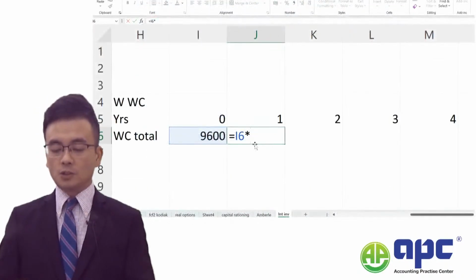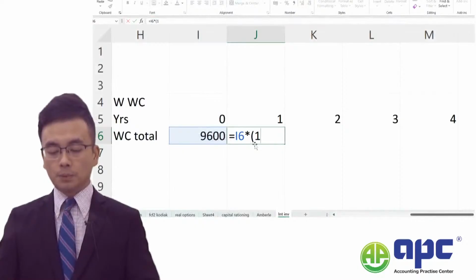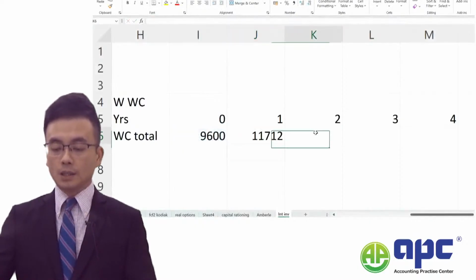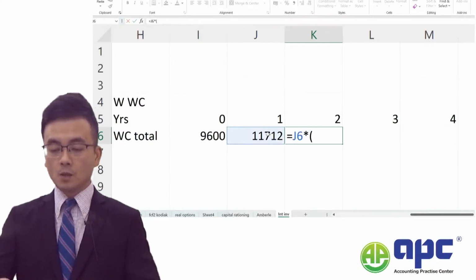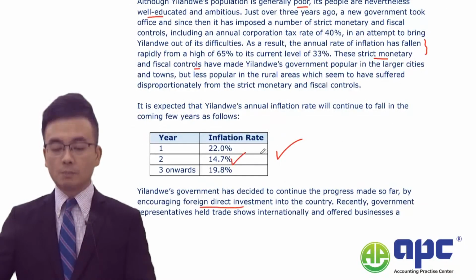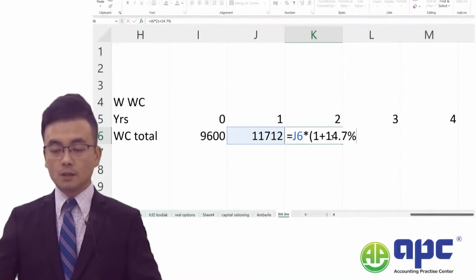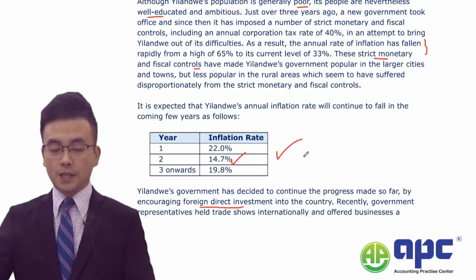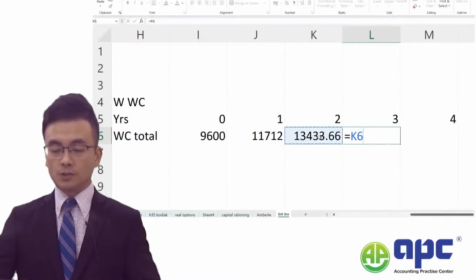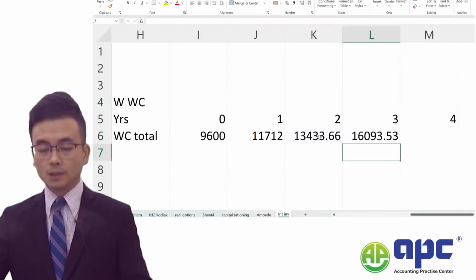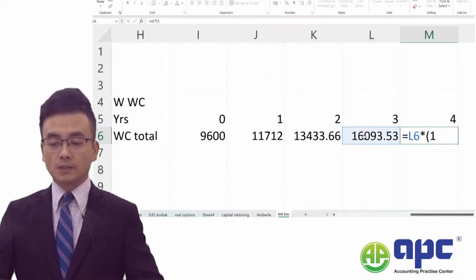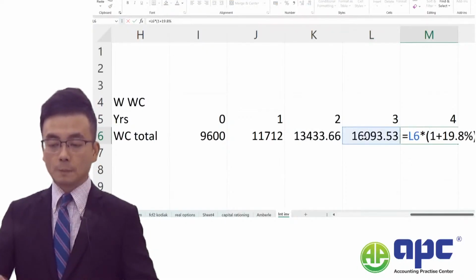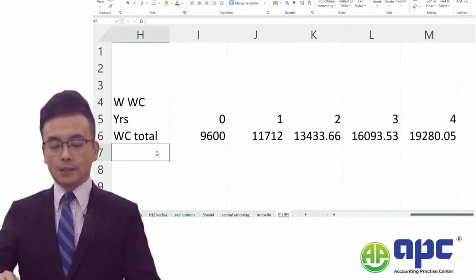Okay, so 22%, which means open the bracket, 1 plus 22%, and then year 2, we take this times, open the bracket, 1 plus 14.7%, and then year 3 onwards 19.8%, so equals to this times 19.8%. Okay. And year 3, and even in year 4, 19.8%.